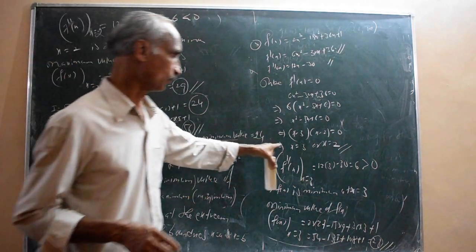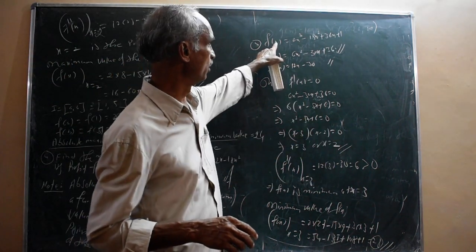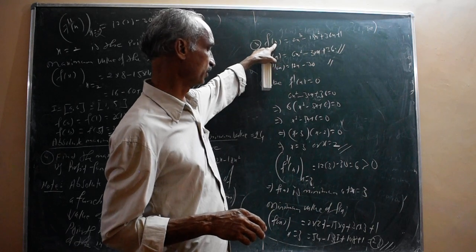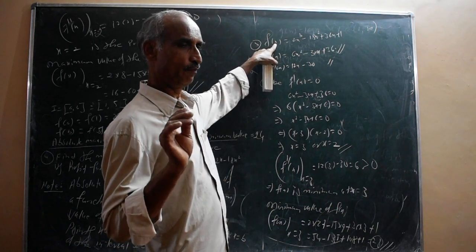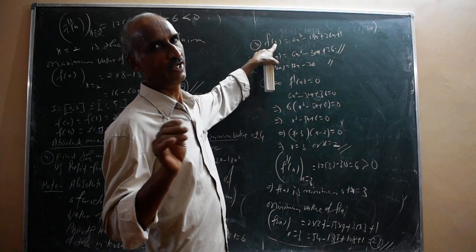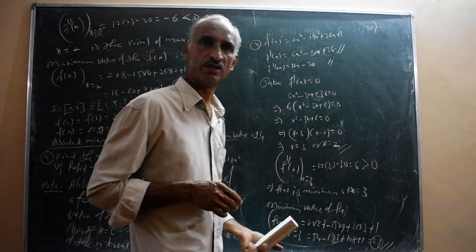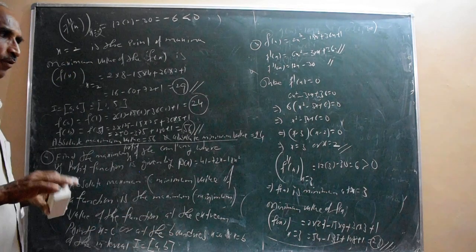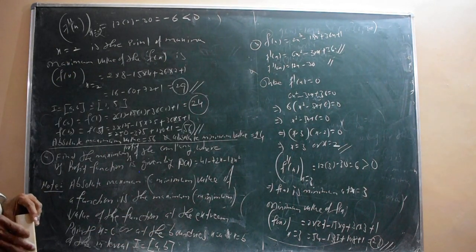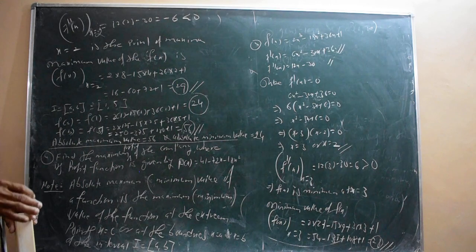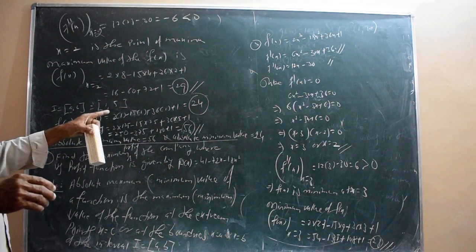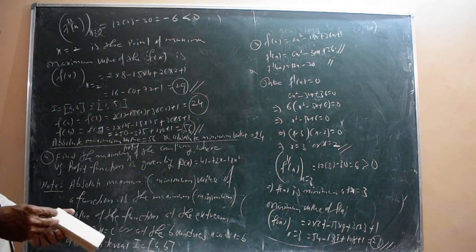Otherwise, after getting x is equal to 3 and x is equal to 2, substitute x in f of x, and we get the values of the function at the extreme points x is equal to c. Where it is maximum, where it is minimum, is not necessary, because among the four values, where the function is maximum, that is the absolute maximum, and where the function is minimum, that is the absolute minimum.